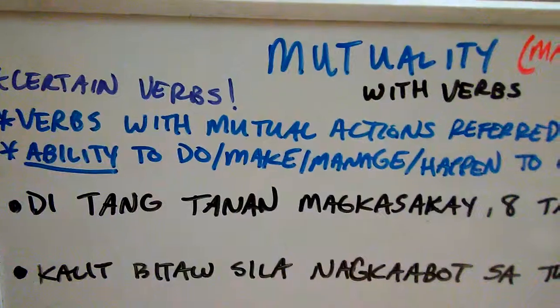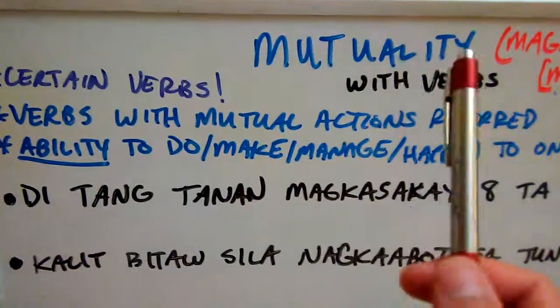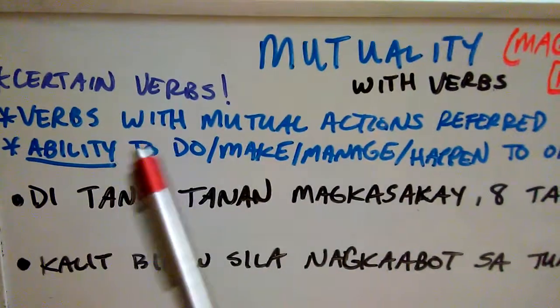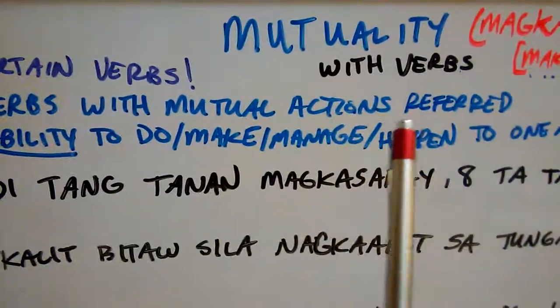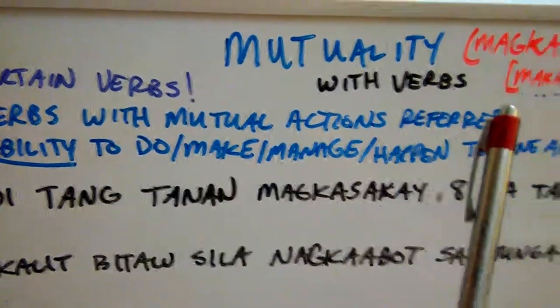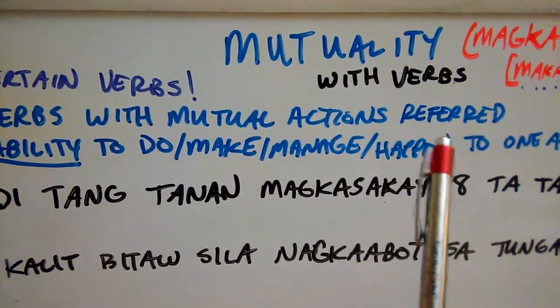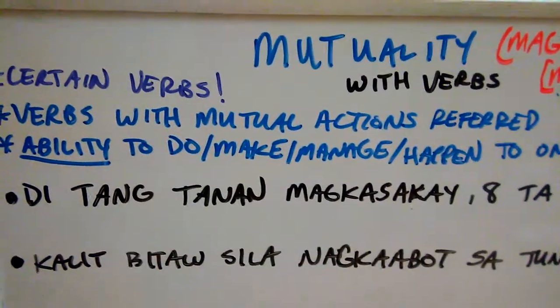So, what is mutuality? Before we begin, let's go through these first two rules. Verbs with referred mutual actions. You can only use magka and nagka when there are referred mutual actions with the verbs.